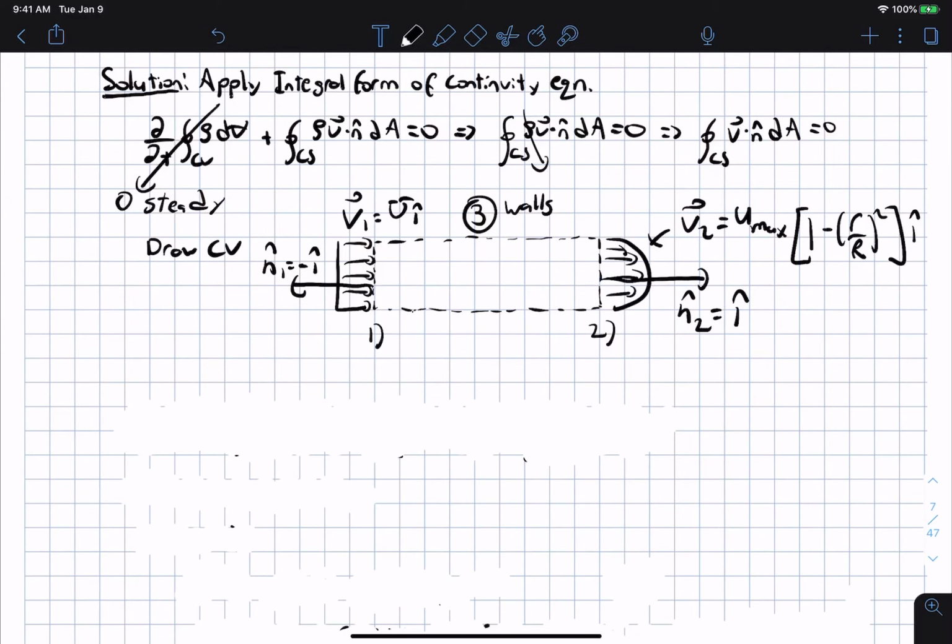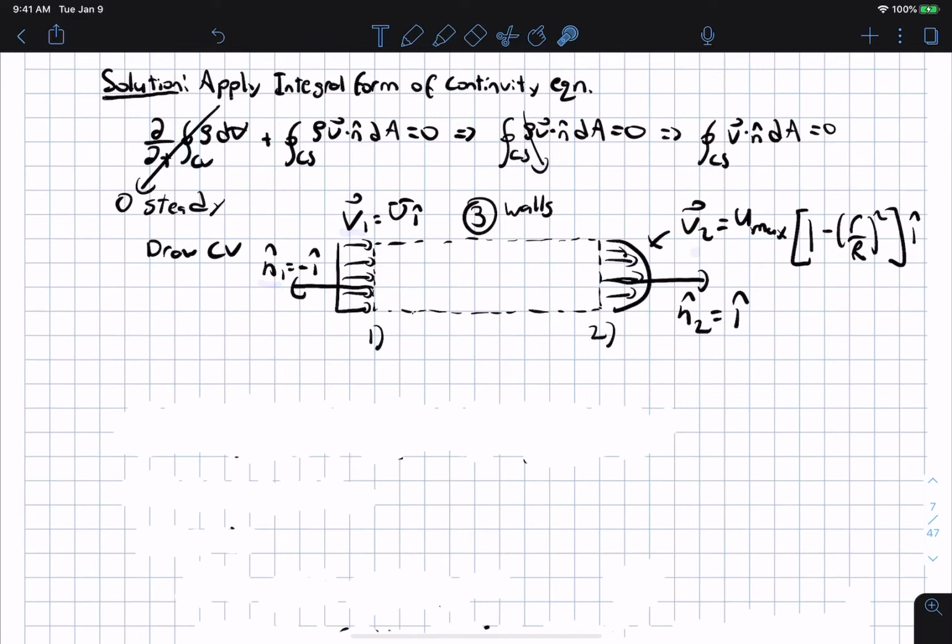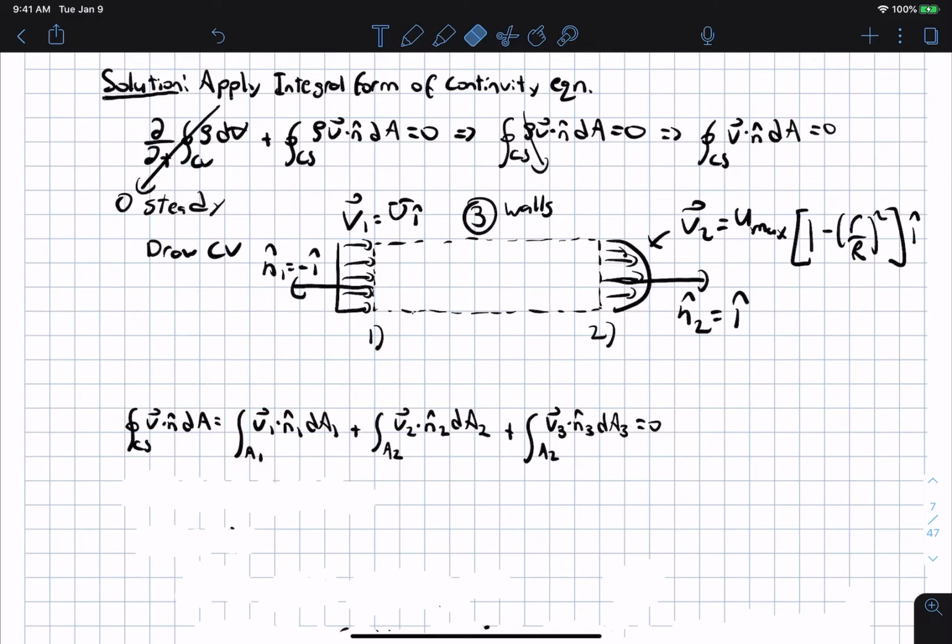Okay, so now we know n hat and v on all the surfaces, and we've completely enclosed the control volume with all the different stations. So now we can start working with the integral.